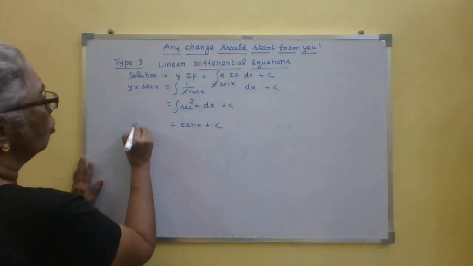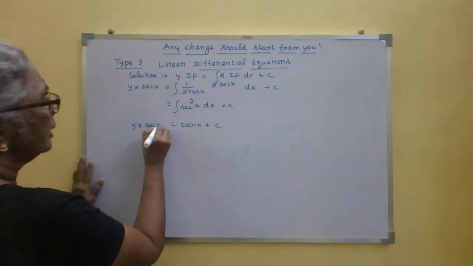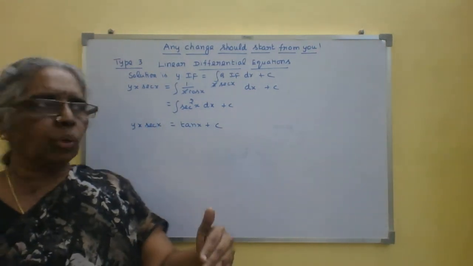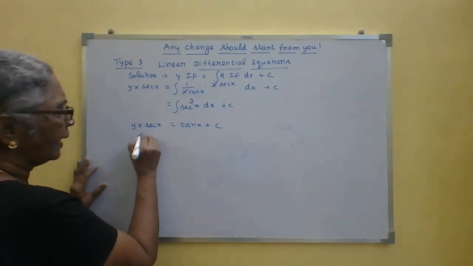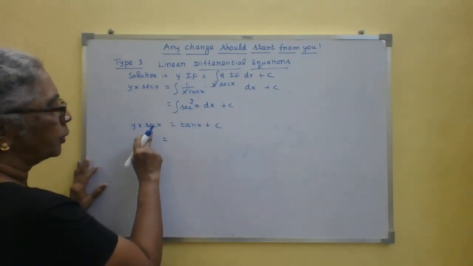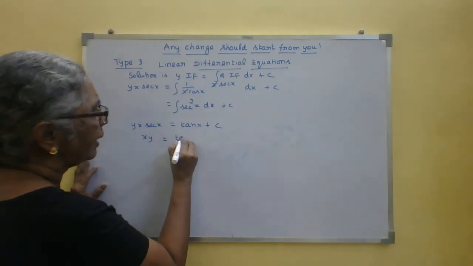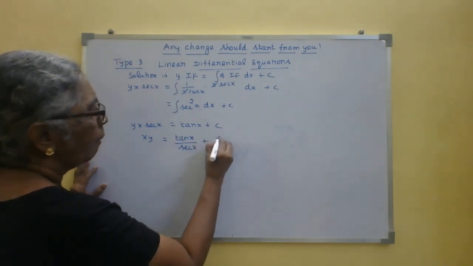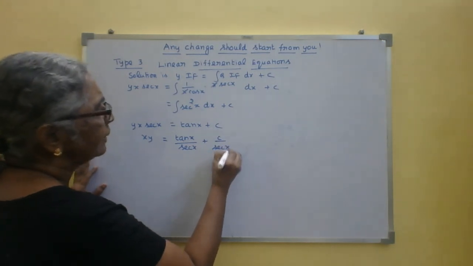Here I have got y x secant x. Now I can simplify it in one more step. I will write xy is equal to, bringing the secant x here, tan x by secant x plus c by secant x.